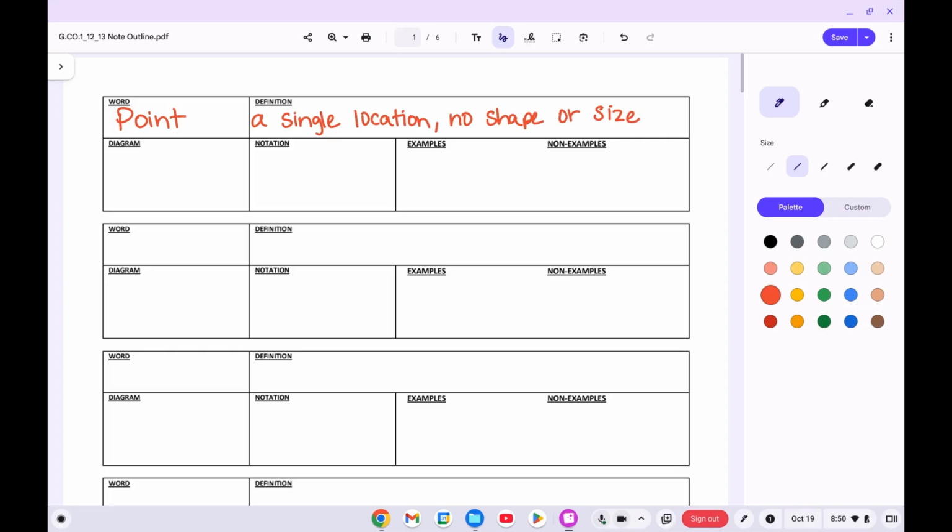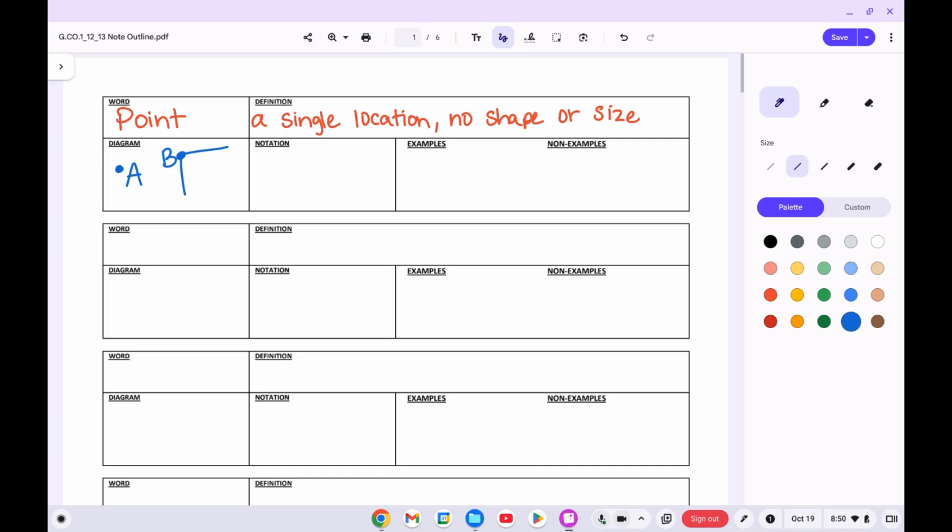Now, what these look like in a picture is a dot, okay? And next to the dot, we put a capital letter. So it could be a standalone point like that, or it could be where two things meet, maybe something like this, where we have the corner of something.